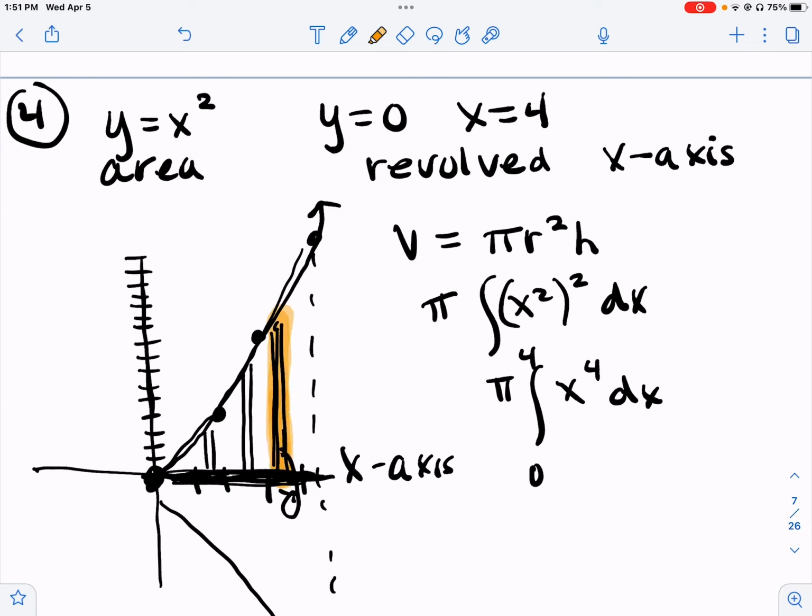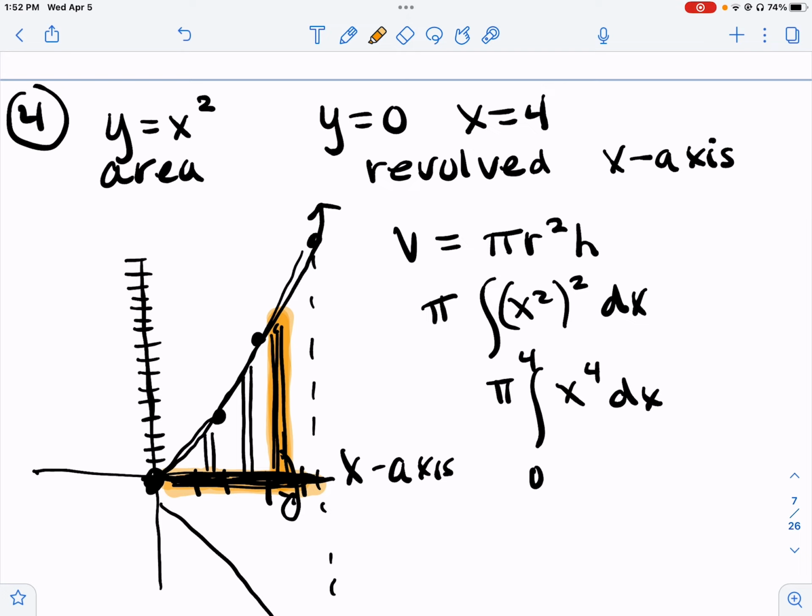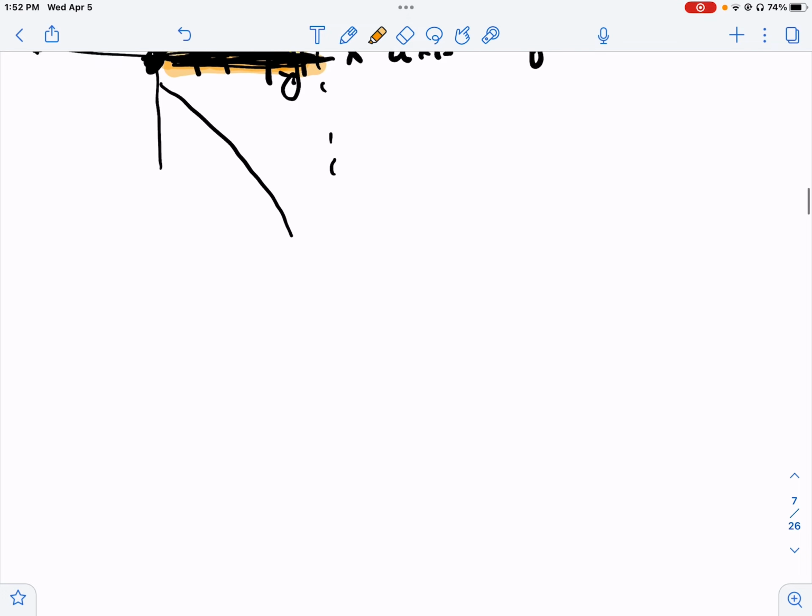How high it is on the graph is y, but y is x squared. Remember, our volume is pi r squared times h. So r squared means x squared squared. And the height is dx, because it's along this axis, and it's said from 0 to 4.